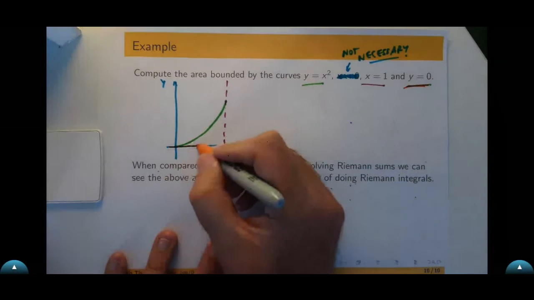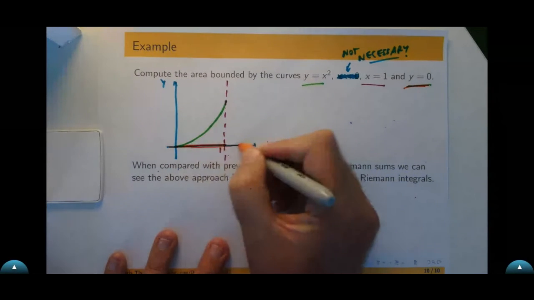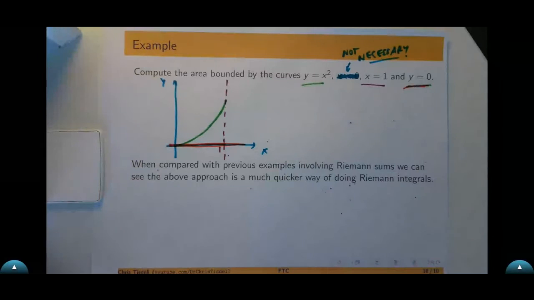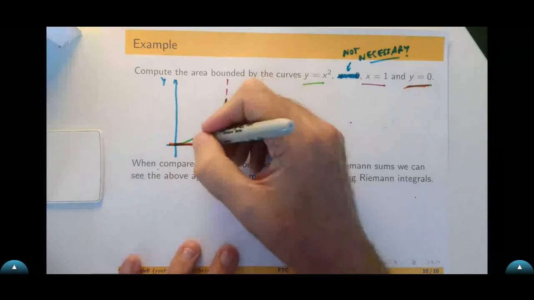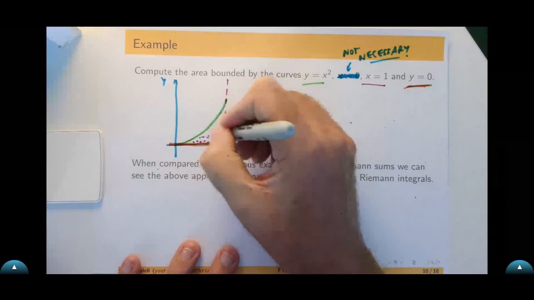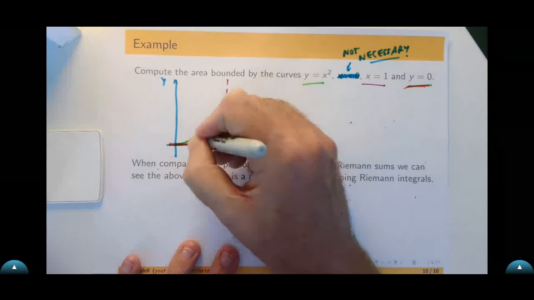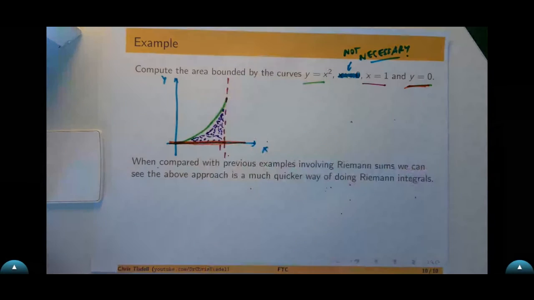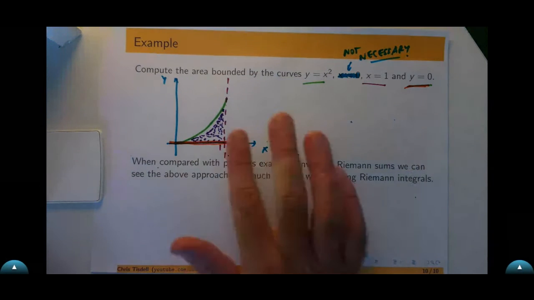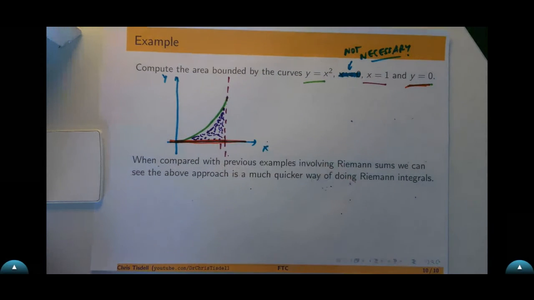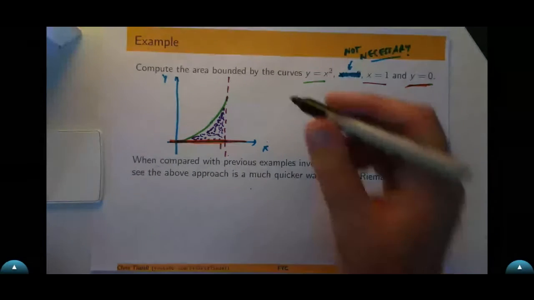So y equals 0 is just the axis here. And the area that they're asking you to compute here is this thing here. Okay? So it's very easy to compute the area, of course.